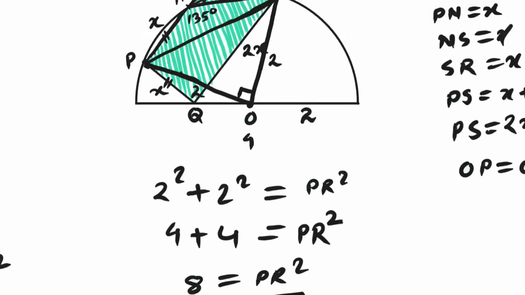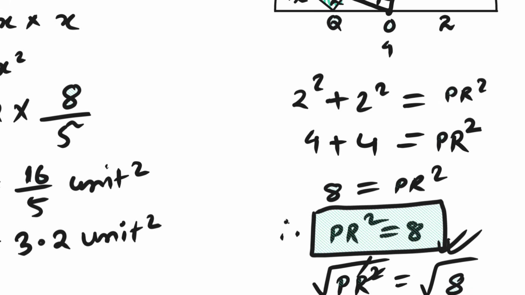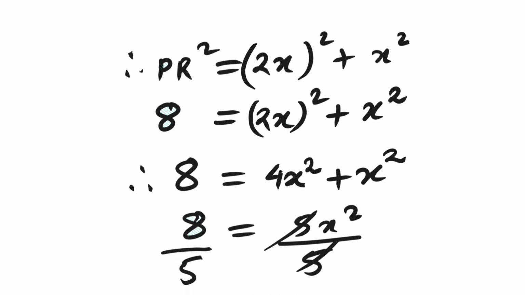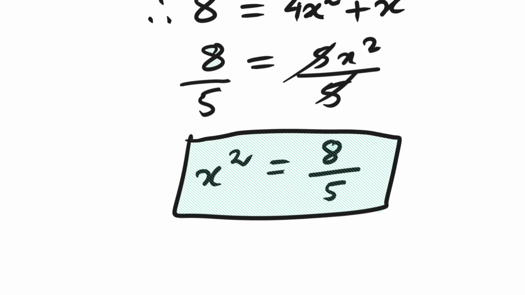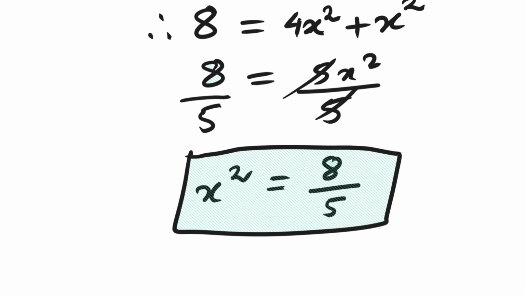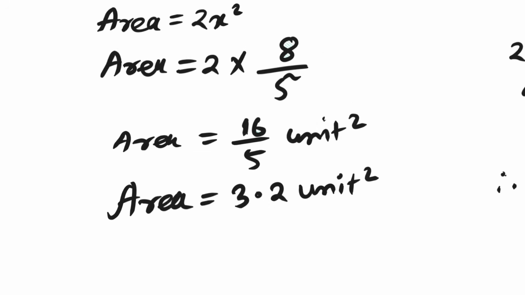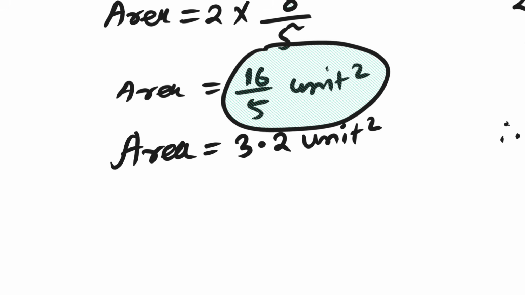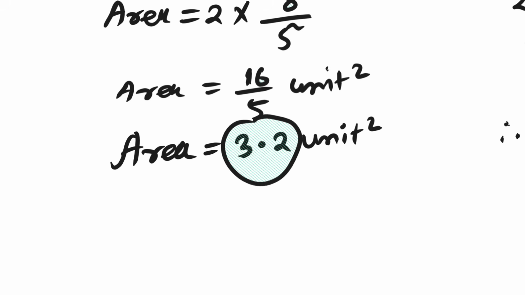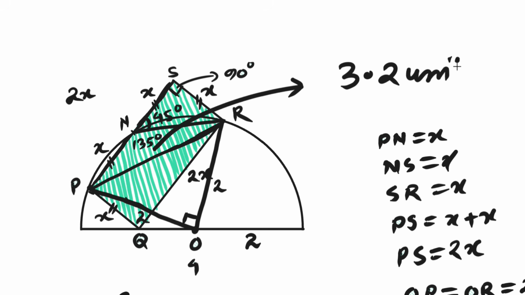The Pythagorean theorem gave us the squared diagonal of 8, and applying the same theorem to the rectangle gave us 5x squared equals 8. Finally, substituting x squared equals 8 divided by 5 into the area formula gave us 16 divided by 5, or 3.2 square units. So the final answer is 3.2 square units.